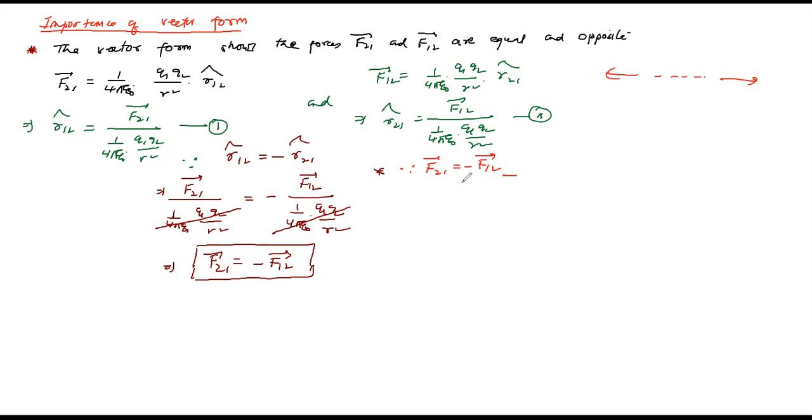This particular thing says two forces are acting along the same line. And if they are acting along the same line, what does it mean? It means the two forces are central forces. Why? Because the forces are acting along the line joining the center of two charges. This is what I wanted to tell you.